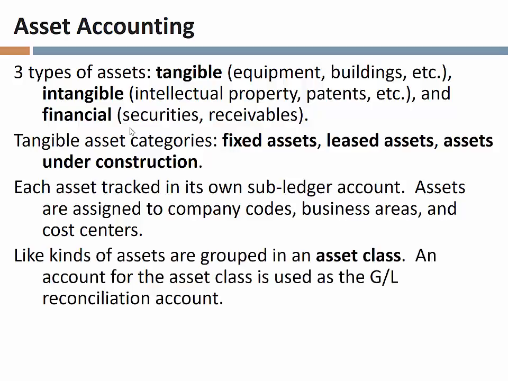So instead, what we will do is we will take like kinds of assets and we will group them into an asset class. And generally speaking then, once we do that, every asset class is going to be mapped to its own general ledger reconciliation account.